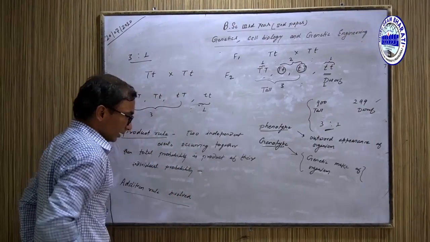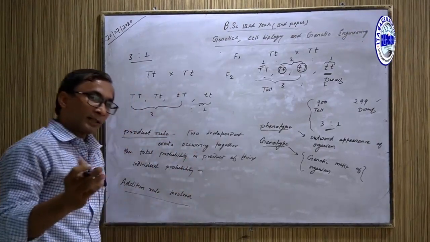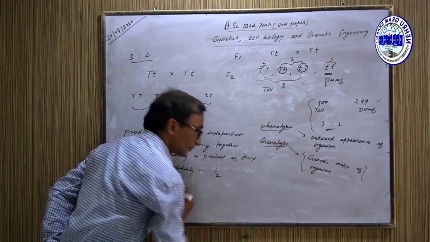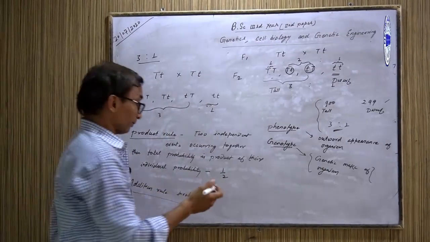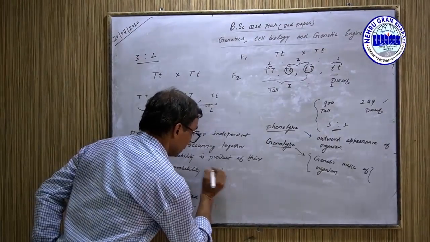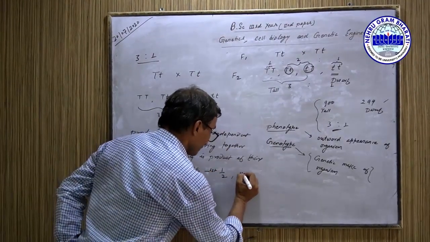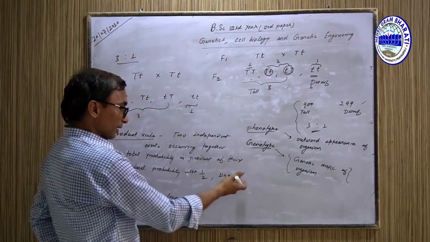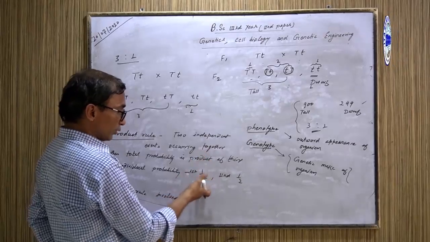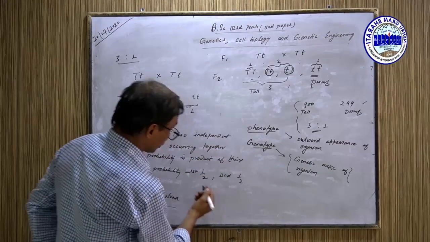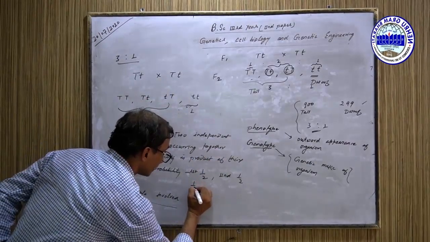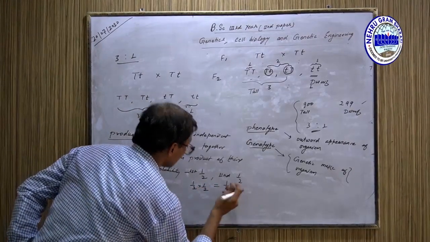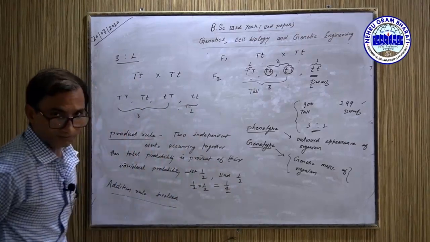The probability of the first baby being a girl is 1/2, and the second baby is also 1/2 because it may be a boy. That is why I am using 1/2 and 1/2. Then the total probability will be 1/2 into 1/2 is equal to 1/4, and this is the product rule.